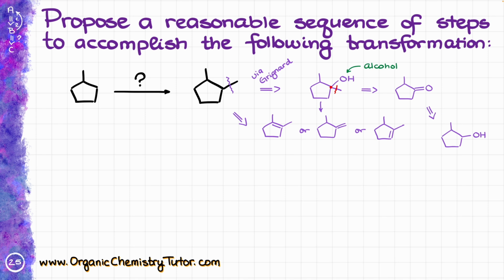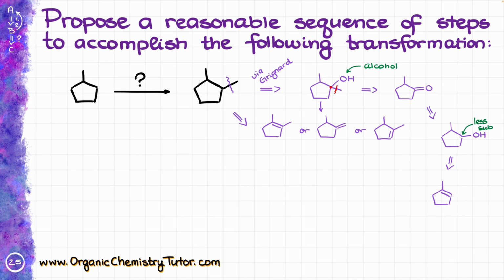Now, one thing that I'm noticing right away is that my OH group is sitting over here, which is going to be the less substituted carbon in our molecule as comparing it to, let's say, this position. So that means that I could easily put that OH onto our molecule via the hydroboration-oxidation reaction, which means that the predecessor to my alcohol must have been an alkene looking like this.